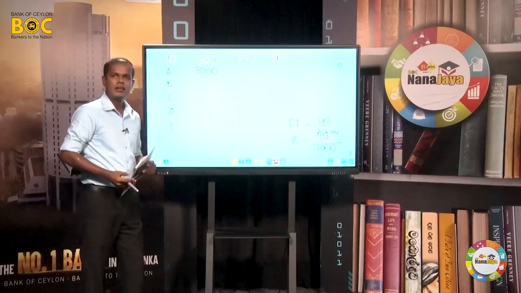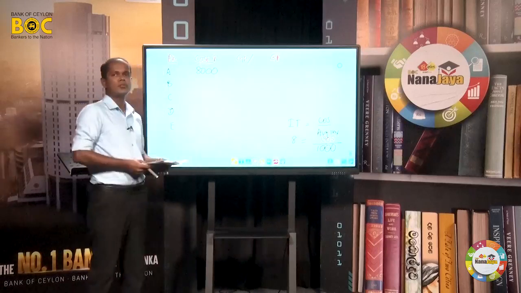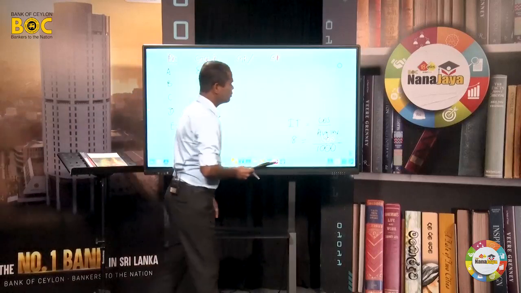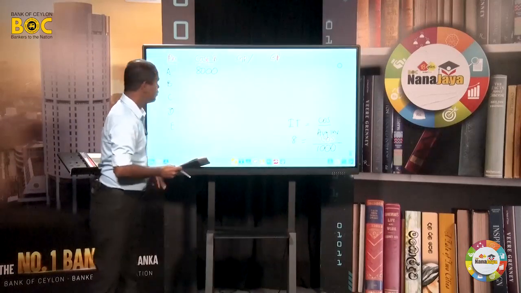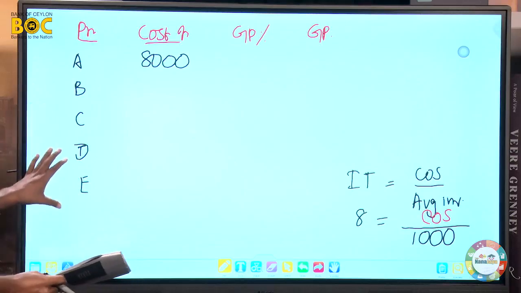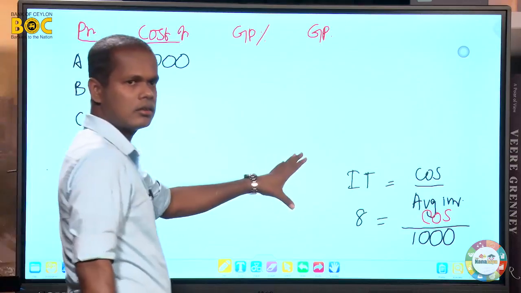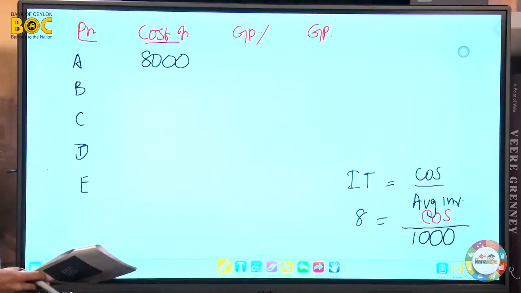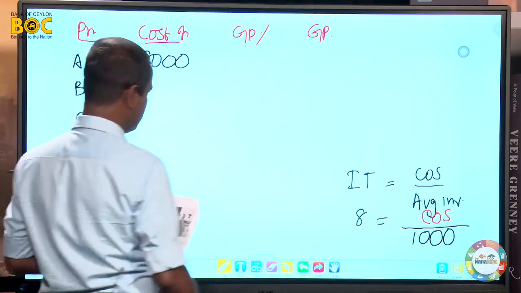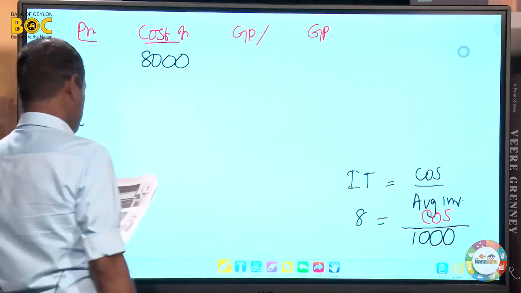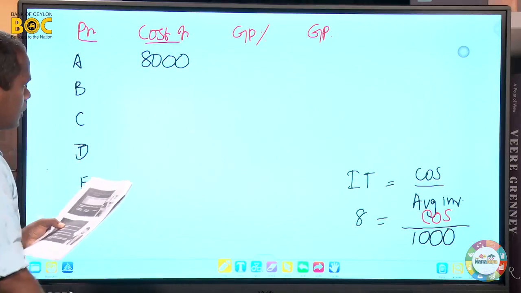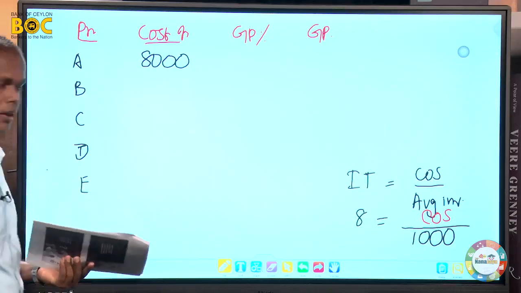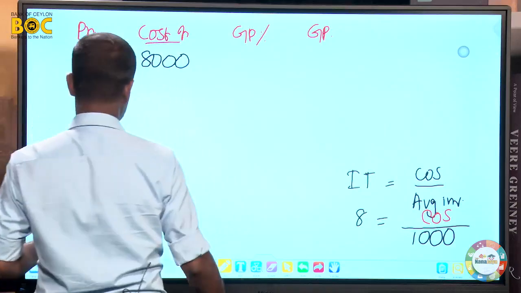In the same way, you can calculate the cost of sales for the other 4 products B, C, D and E. For product B, the inventory turnover ratio is 6; you multiply by average inventory.